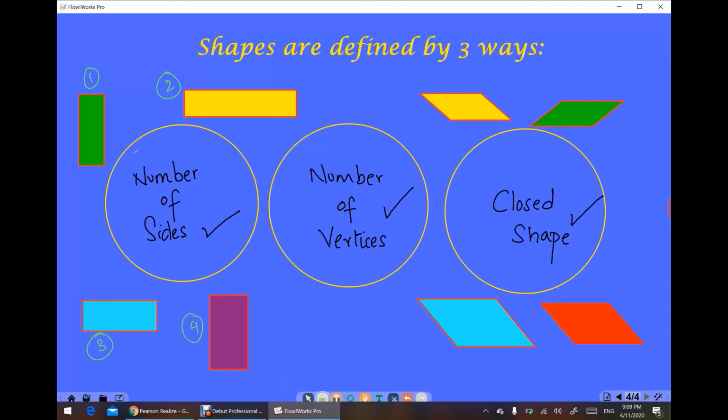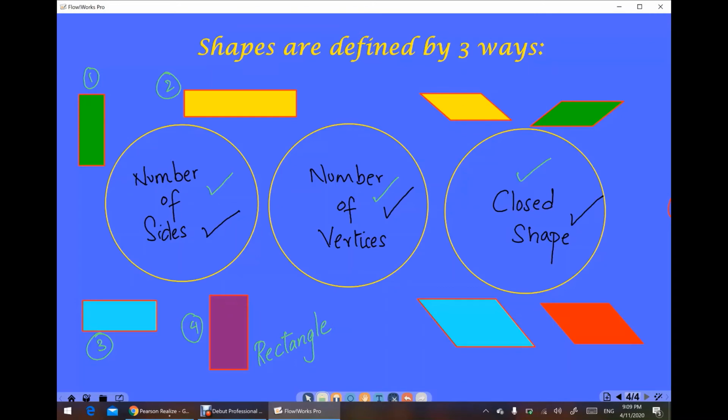They all have the same number of sides. They all have the same number of vertices. And they all are closed shapes. So they all are what? They all are rectangles. Okay?